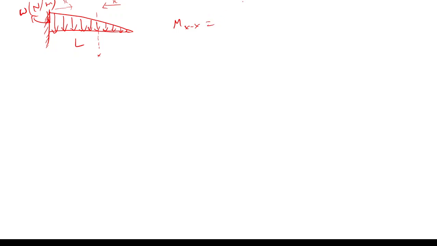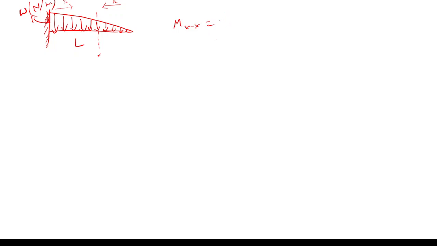It will be half into W x by L into x by 3. Whether it's positive or negative doesn't matter here, because on squaring, negative will turn to positive. But when we are writing the bending moment equation, it should be in terms of sign.